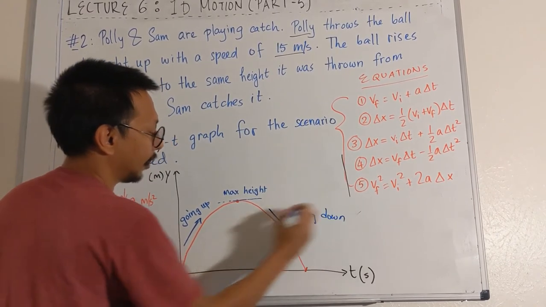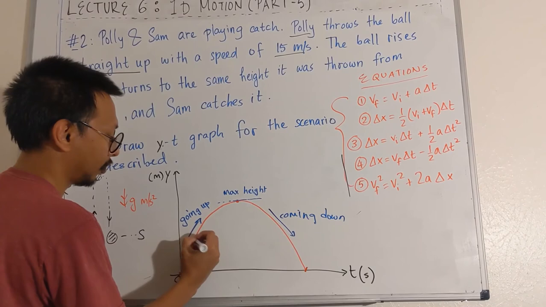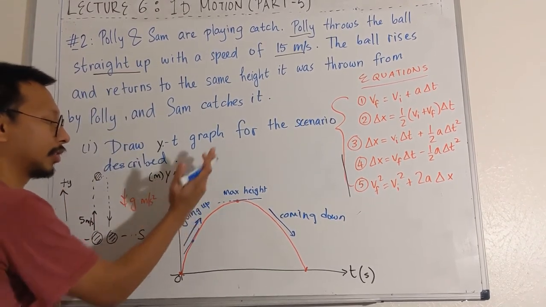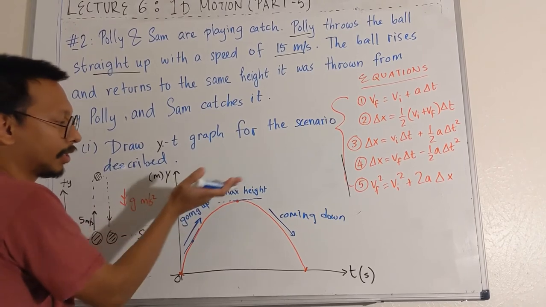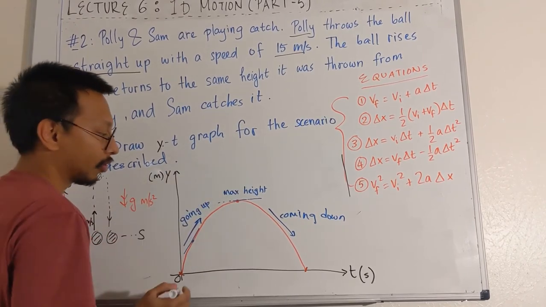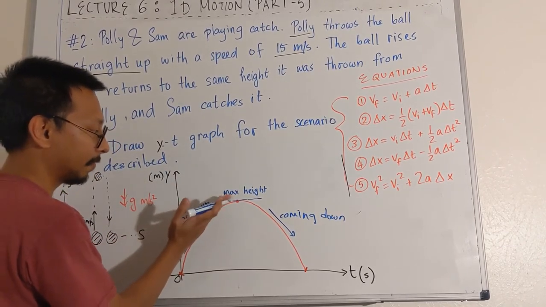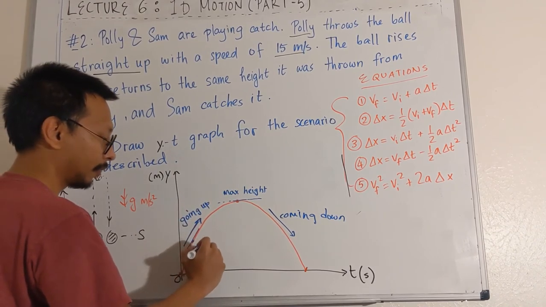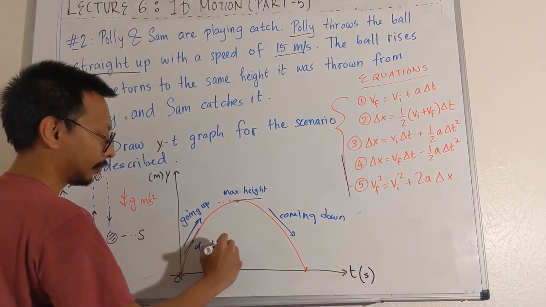Okay, here if you draw tangents, you would see the tangent is positive but flattening out. Okay, so velocity is still positive but decreasing. So in this part of the motion you are actually decelerating.